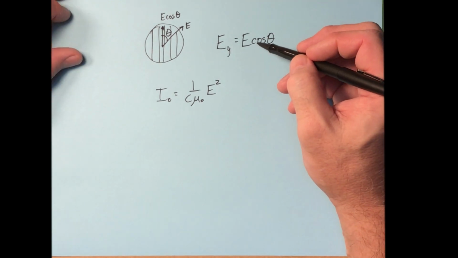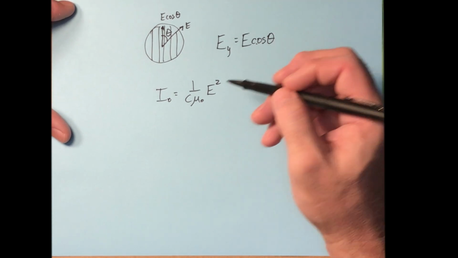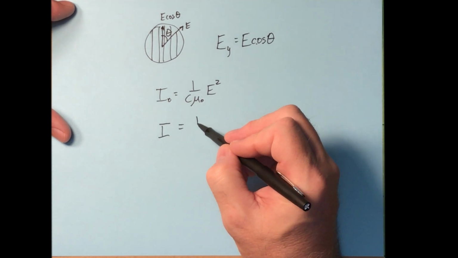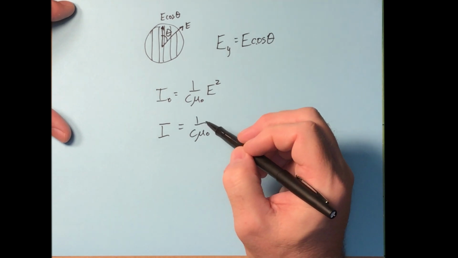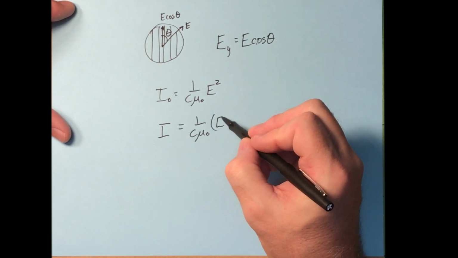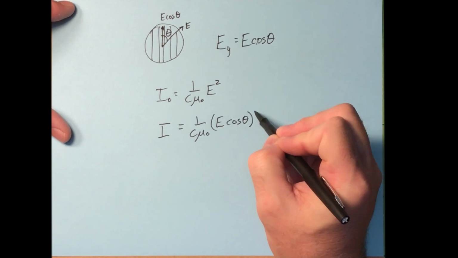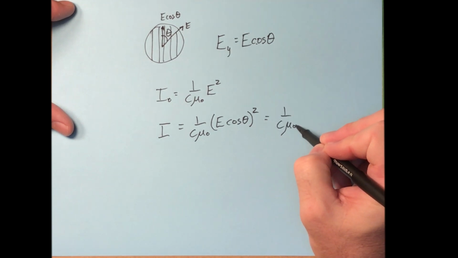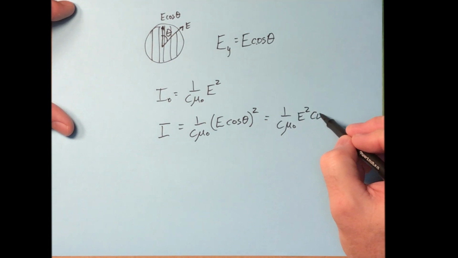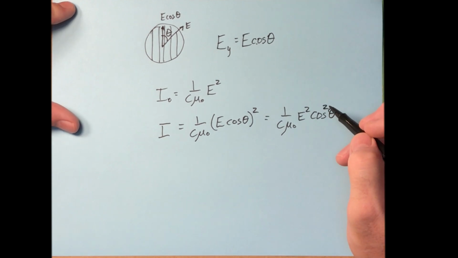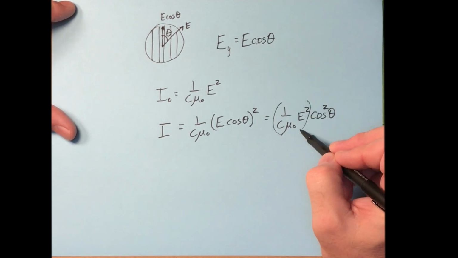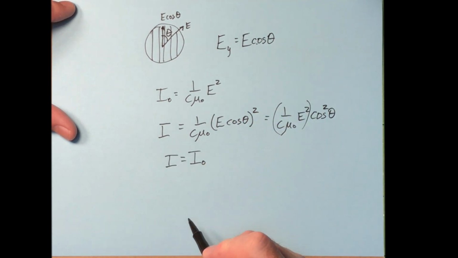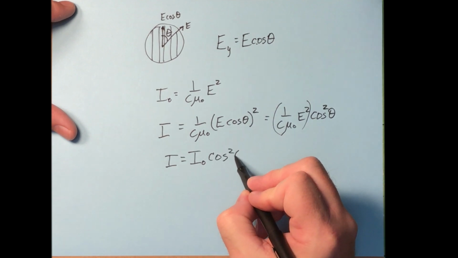Okay, if we take this E and we plug it in here, then a new intensity is going to be 1 over C mu naught times E cosine theta squared. So this is going to be 1 over C mu naught E squared times cosine theta squared. Now, what's here is actually I naught, so I equals I naught times cosine squared of theta.